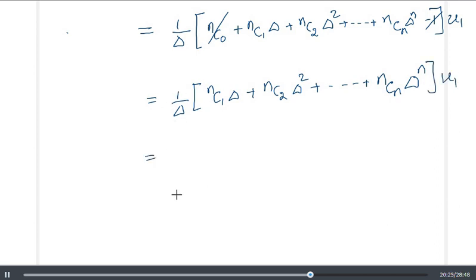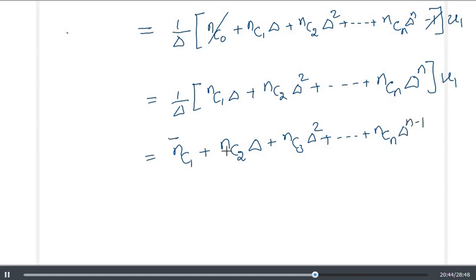Now we have 1 by delta here; if you multiply, this is n choose 1 plus n choose 2 into delta plus n choose 3 into delta square plus and so on plus n choose n into delta power n minus 1, acting on u1.